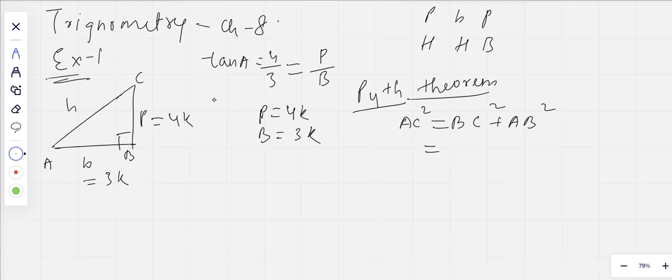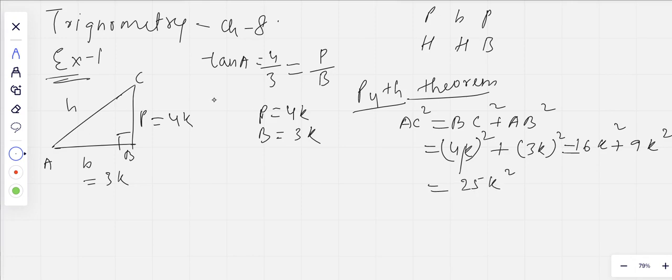What is the value of BC? BC is 4k whole square. Then you have AB, which is 3k whole square. 4k whole square is 16k square. 3k whole square is 9k square. Now the overall number is 25k square.